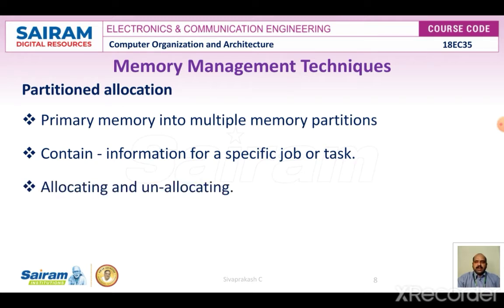Here the memory management consists of allocating a portion to a job when it starts and deallocating it when the job ends. Partition allocation usually requires some hardware support to prevent jobs from interfering with one another or with the operating system. This is the actual process of the partition allocation technique.